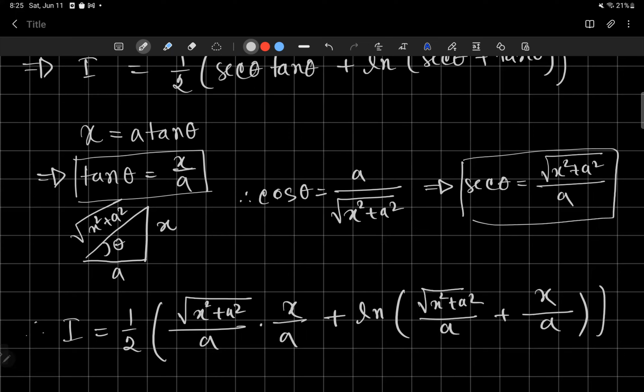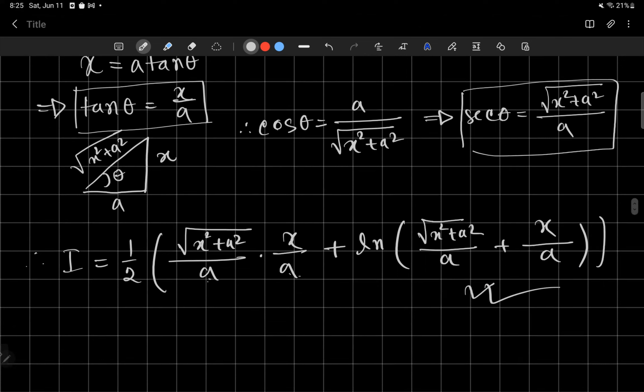You can simplify it a bit further: this is a and a, so this is just a squared and so on. But this is the real result in terms of the old coordinates, the coordinates that you started with.